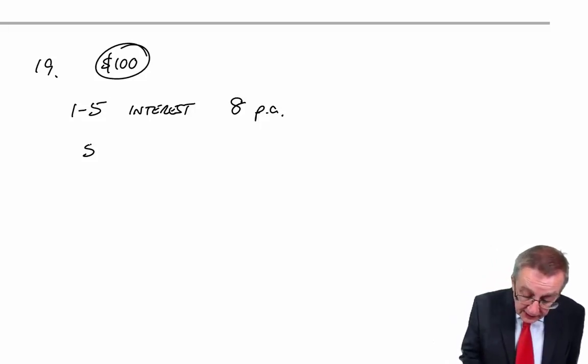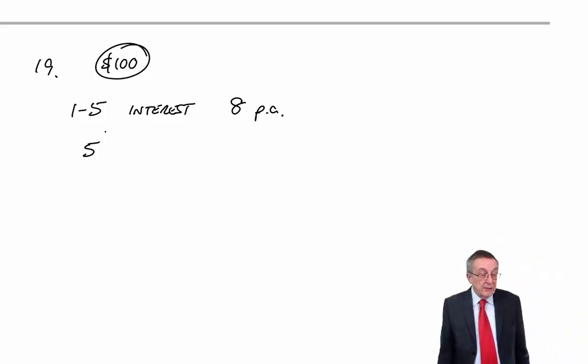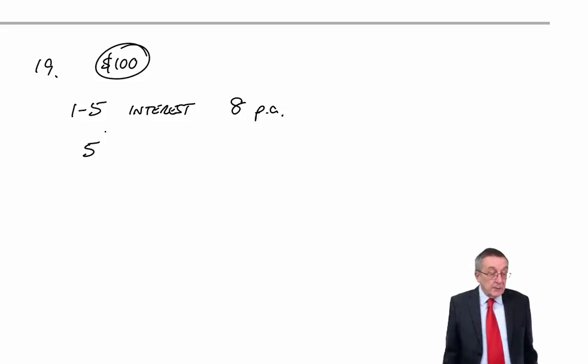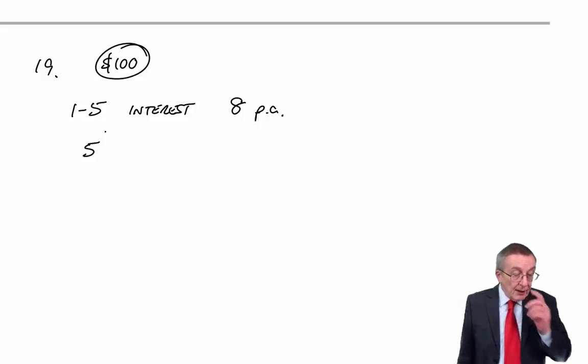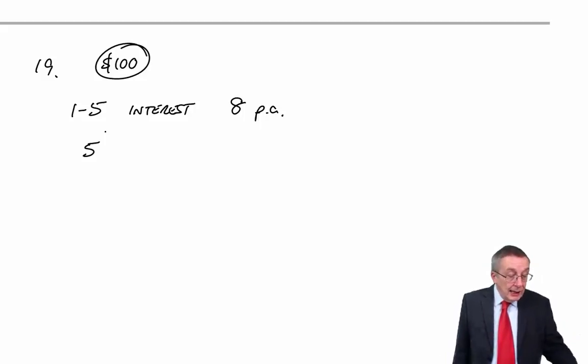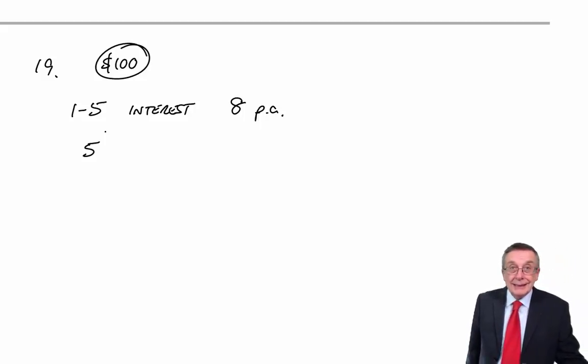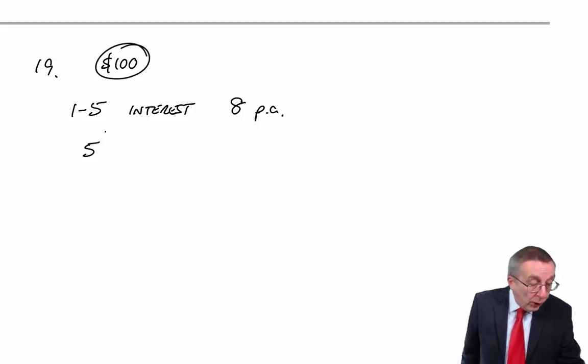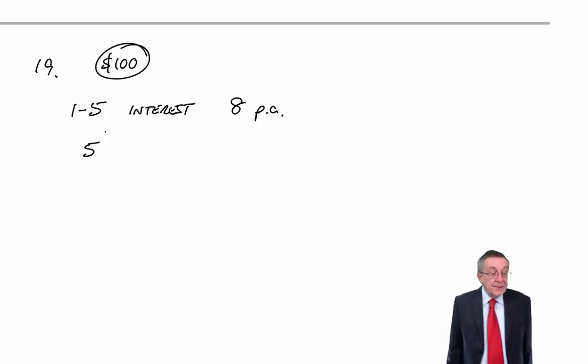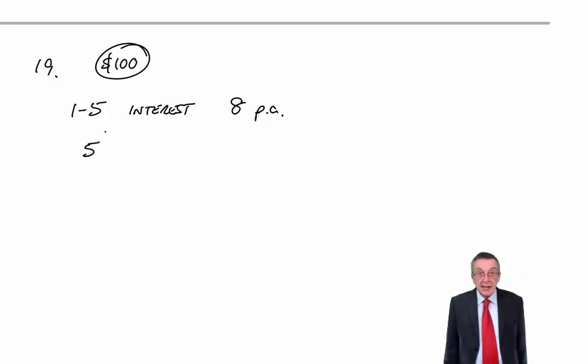In 5 years' time, they'll be redeemed, but here's our second problem. In 5 years' time, they'll have the choice of either taking cash, first sentence of 100, or converting into 70 equity shares.